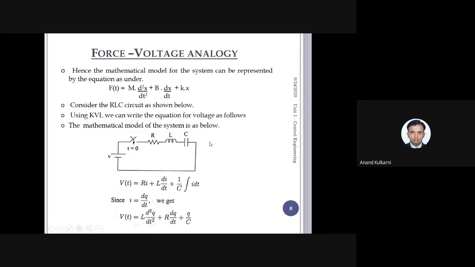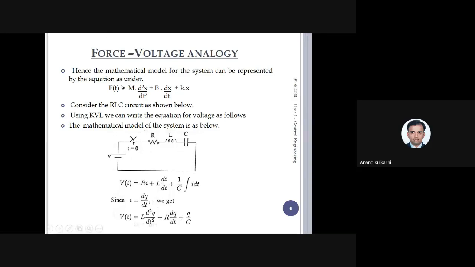If we have a mechanical system and an electrical system, and I want to compare which mechanical system is equivalent to the electrical system, we have to write a mathematical equation. Once we write the mathematical equation, we can compare that a few terms are similar. I'm not saying equal. They are similar or equivalent.